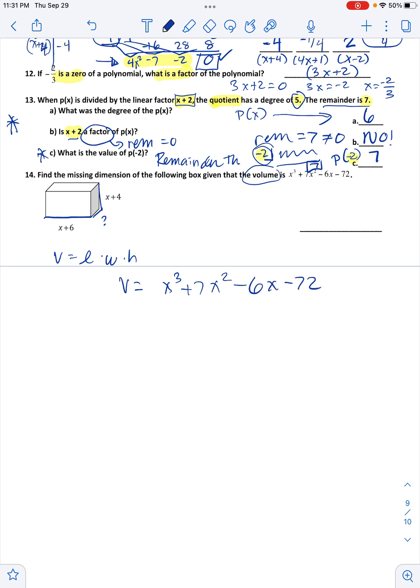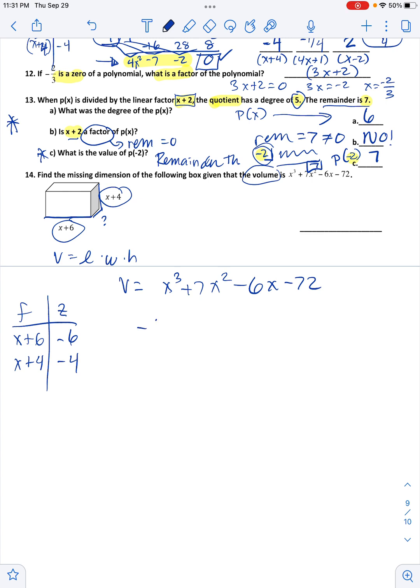And I'm trying to split that apart. And I know that these two go into it. So you're currently saying, well, I know that x plus 6 and x plus 4, in no particular order, are my factors. So I also know that these two things are going to be my zeros. So I'm going to break this thing down to find the last one.